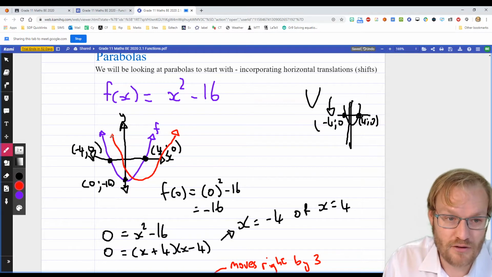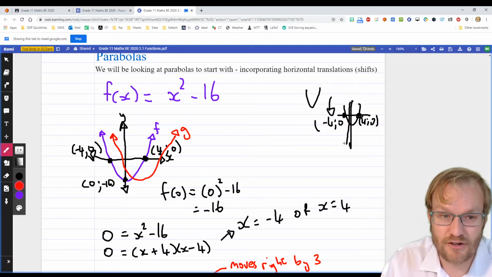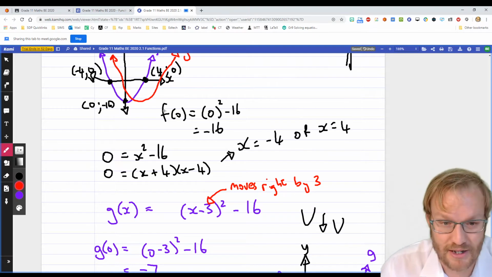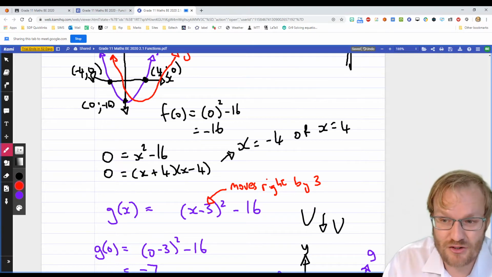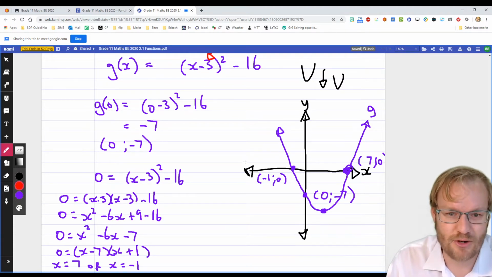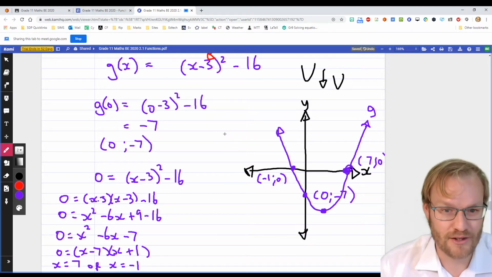This graph would be g from below. That's all that this negative 3 does. This negative 3 moves that same graph across by 3. So we didn't actually have to do all of this working out because we knew that the intercepts of x squared minus 16 were minus 4 and 4. So we know that this graph's just moved right by 3.